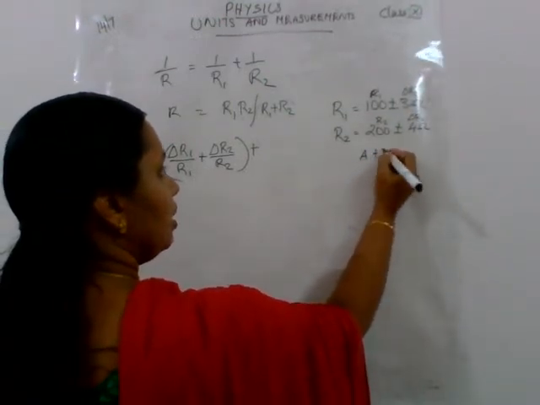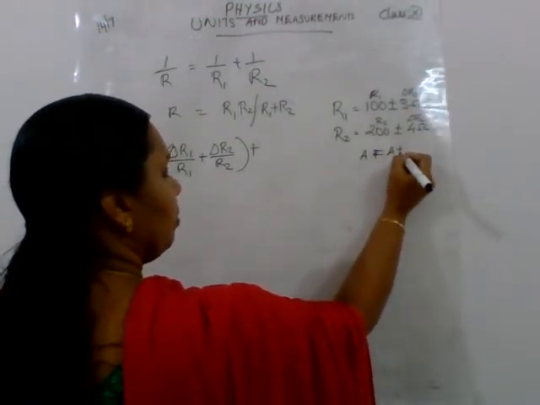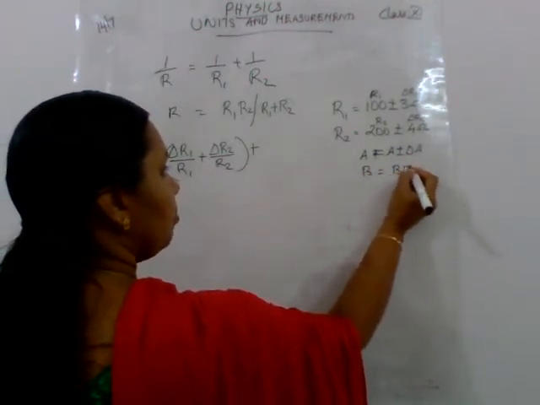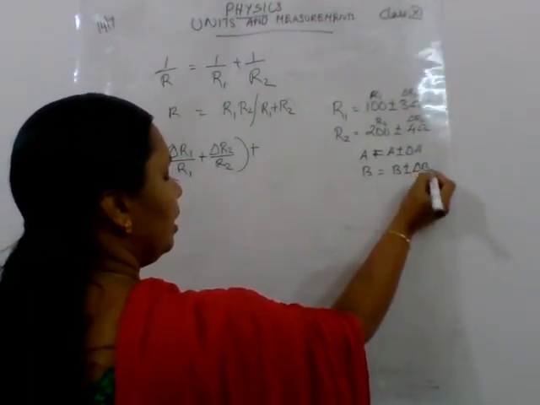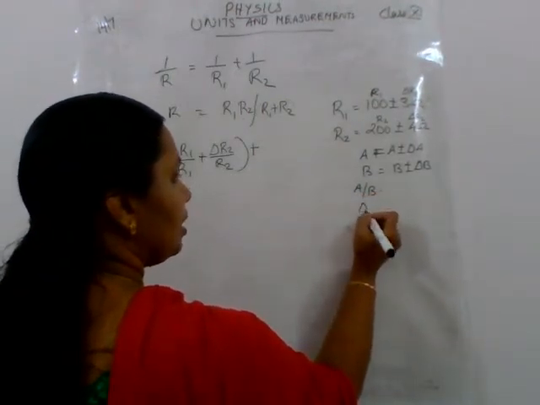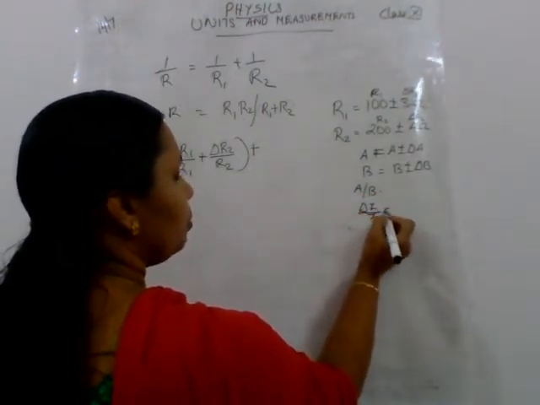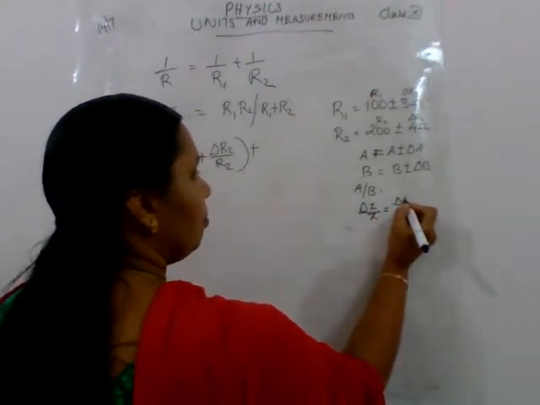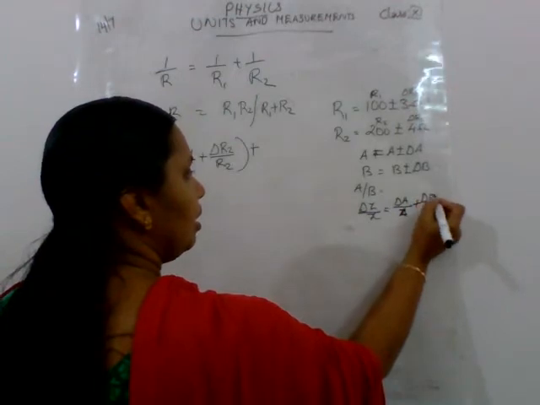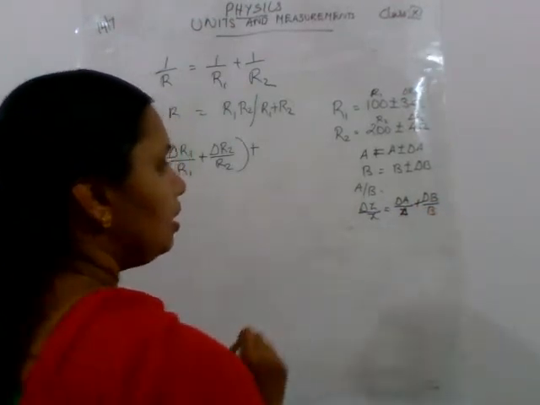A equal to A plus or minus delta A, B equal to B plus or minus delta B. Then for A by B, delta Z by Z is equal to delta A by A plus delta B by B, the sum of this.